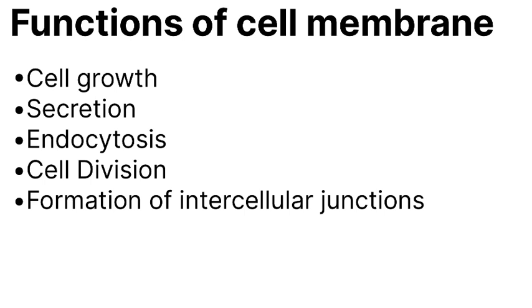Lastly, the formation of intercellular junctions is another important function of the cell membrane, especially in multicellular organisms, where these junctions are formed by specialized membrane proteins that help cells to stick together and communicate, coordinate, and control all the functions together.